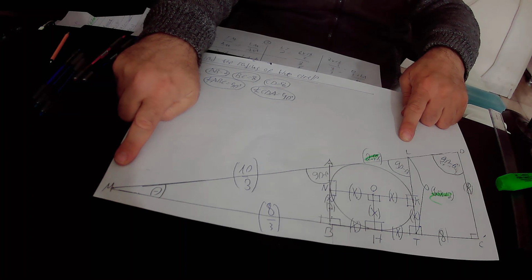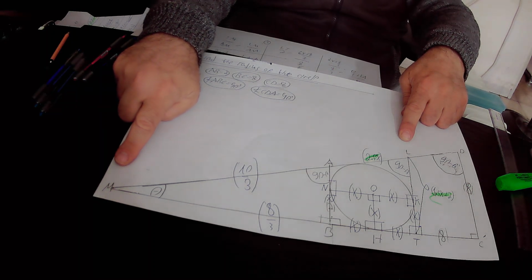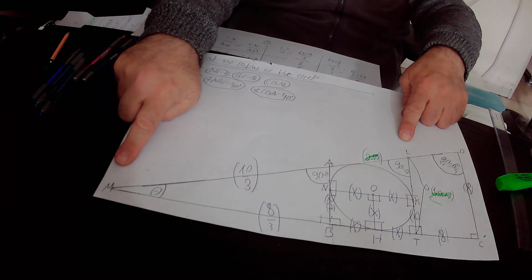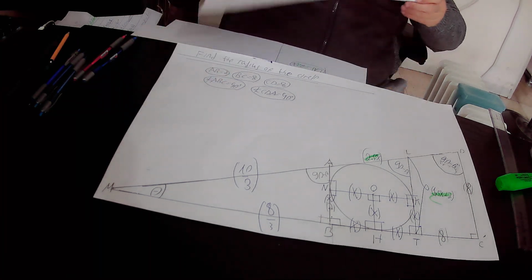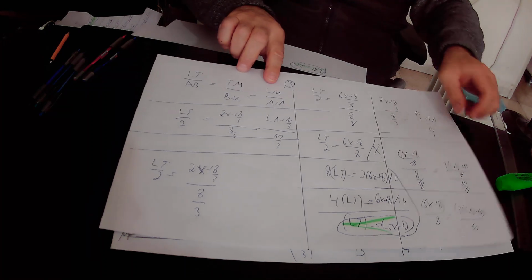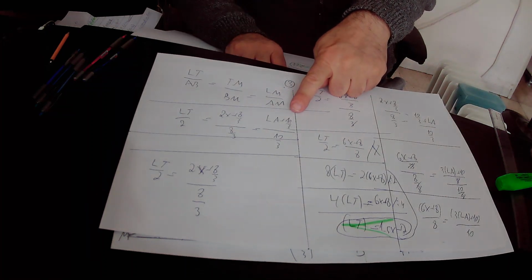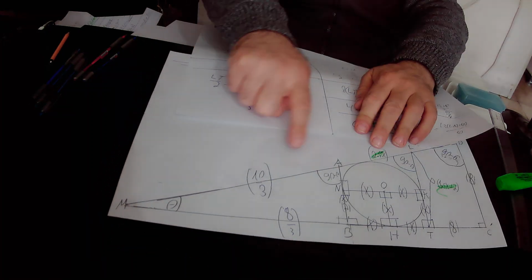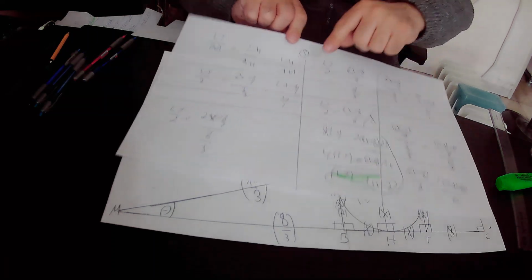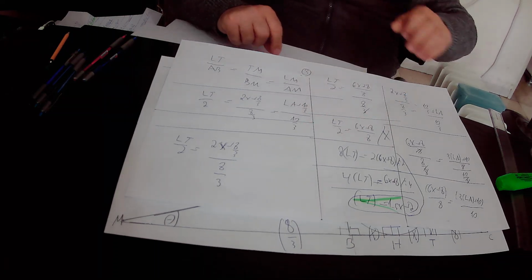That is to say, LM equals LA, the missing side, plus AM, that is 10 over 3. So in total, LM equals LA plus 10 over 3, over AM. AM equals 10 over 3.